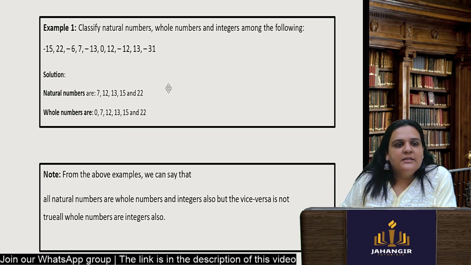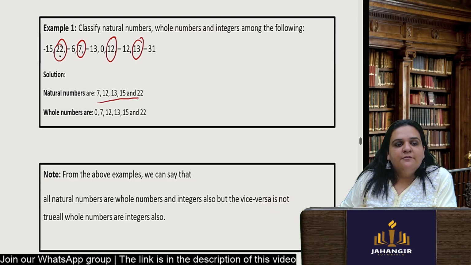So if I want to say natural numbers, 22 is a natural number, 7 is a natural number, 0 is a whole number, 12 is a natural number, and 13 is a natural number. So 7, 12, 13, 15 and 22. These will even stay in the whole numbers, but 0 will be added.